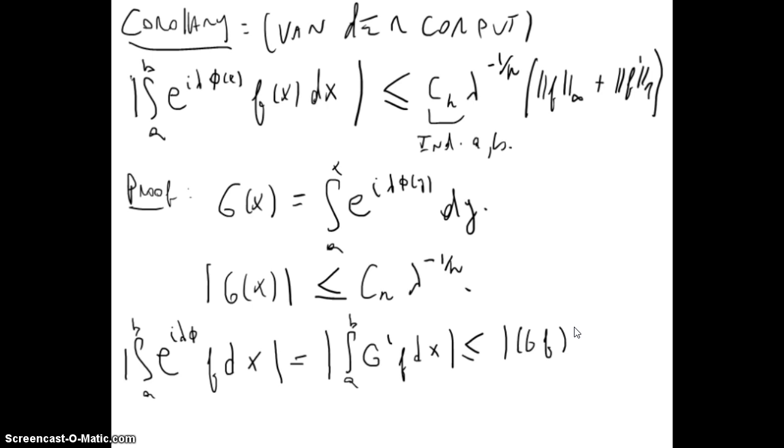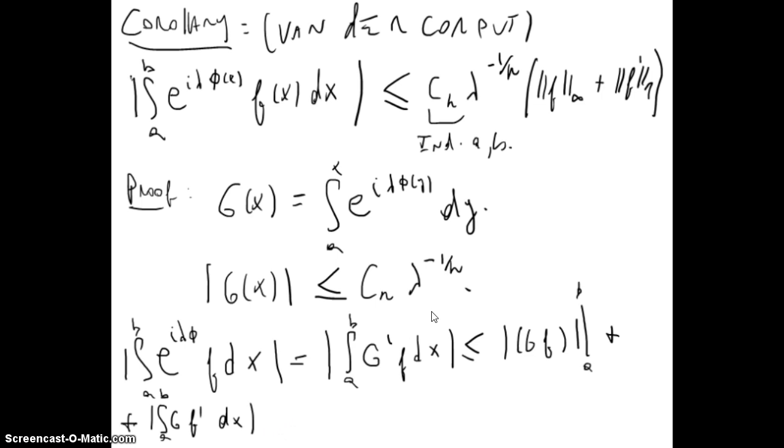We are using now integration by parts. Absolute value, this will be evaluated in a, b, plus the integral in a, b of g f prime dx, and I'm missing the absolute value here and here.